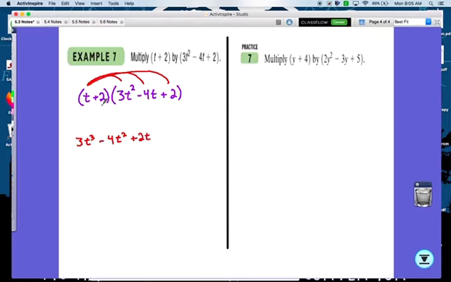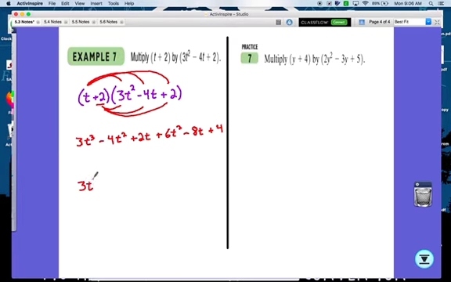Then I'll come through and multiply the 2 through. 2 times 3t squared gives me plus 6t squared. 2 times negative 4t gives me a minus 8t. And then 2 times 2 gives me 4. And then combine like terms.